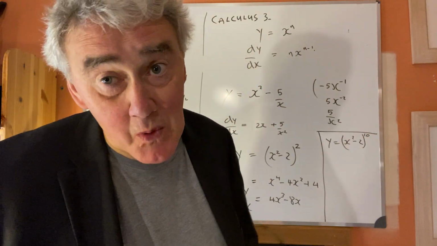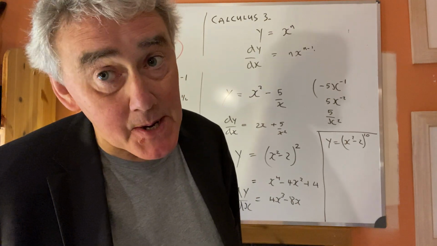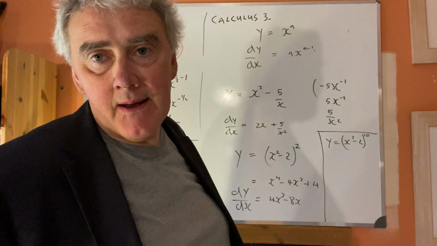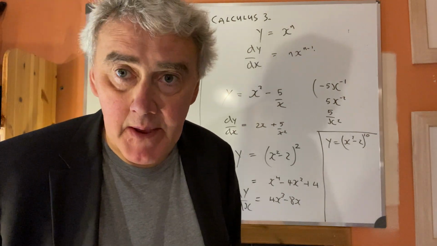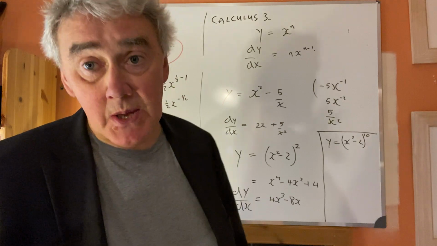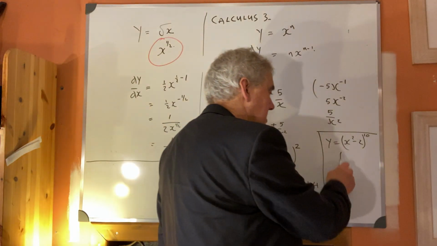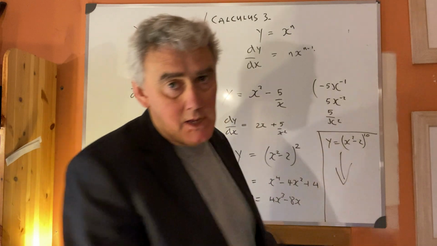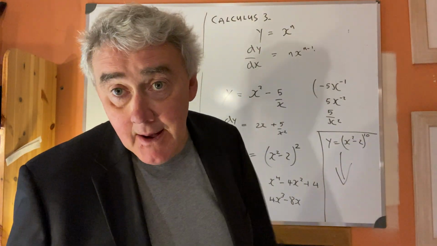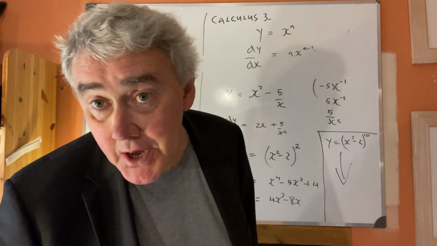Now, technically, we could multiply that out. We'd be at it all day long. Maybe we could use a computer. I don't know. We'd be at it for a long time anyway, and the chances of making a mistake are huge. So this leads us into, the excitement, I know, is too much, what we call the chain rule.